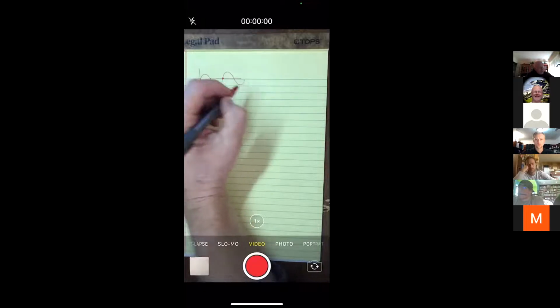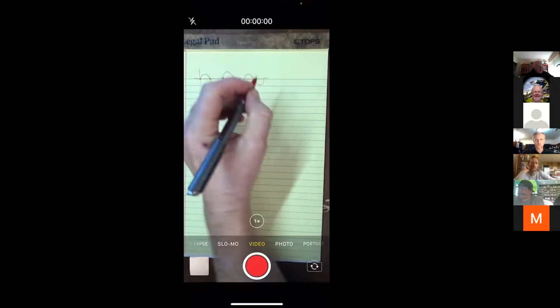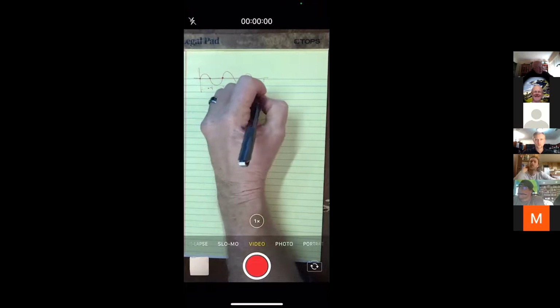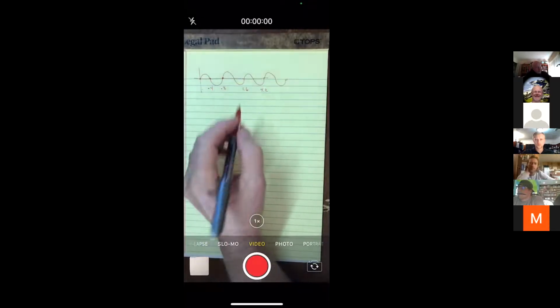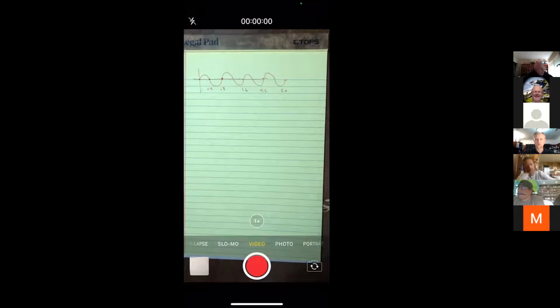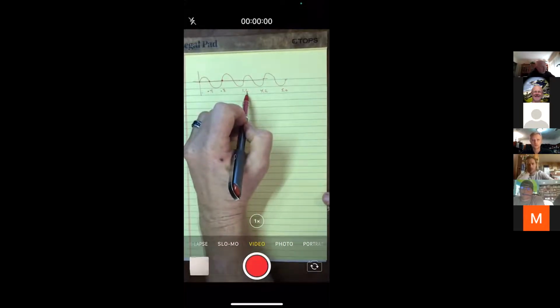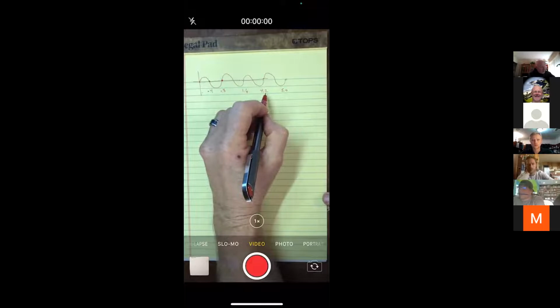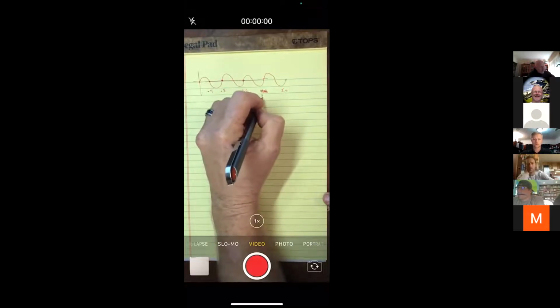And then 2 wavelengths would be 1.6. 3 wavelengths would be what? Did I count right? 0.8. Oh, did I mess up here? Yeah. Okay, 3.2. Sorry about that.